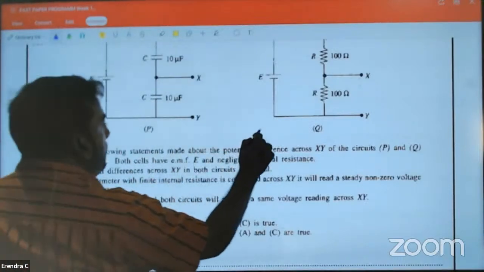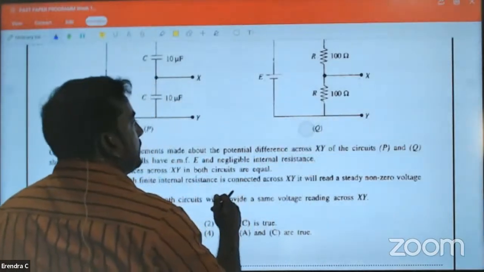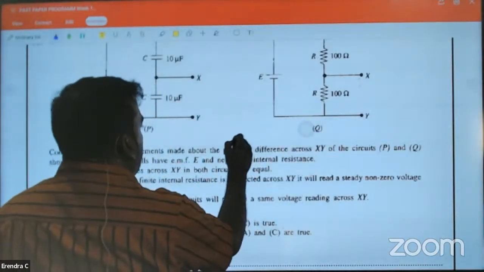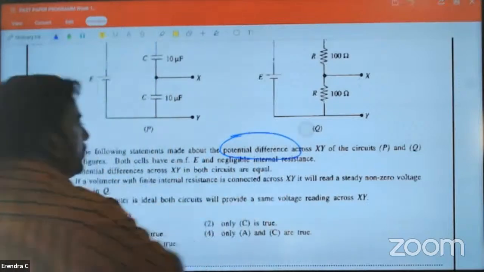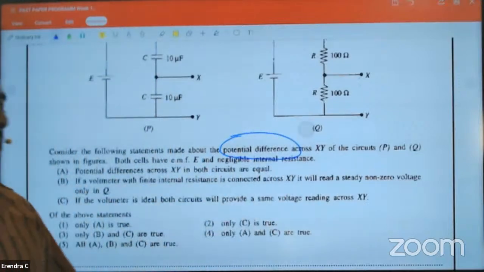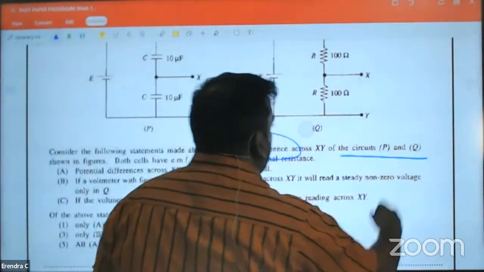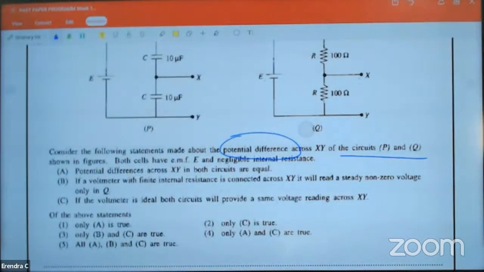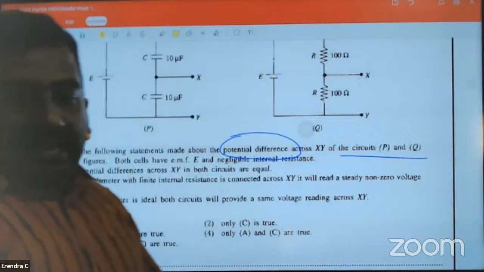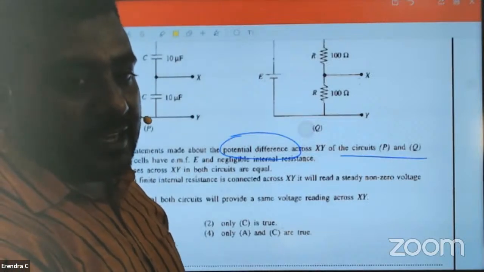About the potential difference: the potential difference across the XY circuit, P and Q.